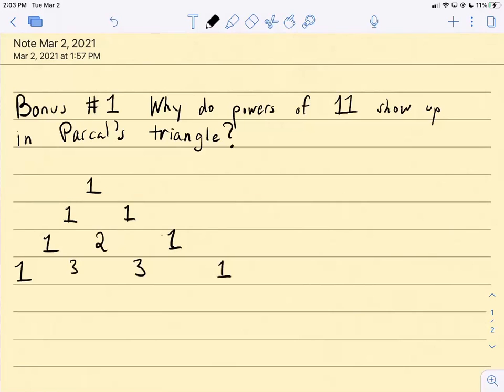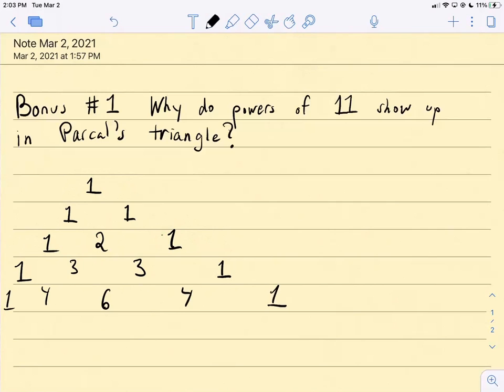Do you guys remember, one way you can get these is listing out all the combinations. So this is like the combinations 2 choose 0, this one is 2 choose 1, 2 choose 2. This is all combinations of 3. Then you can also do 1, 4, 6, 4, 1.